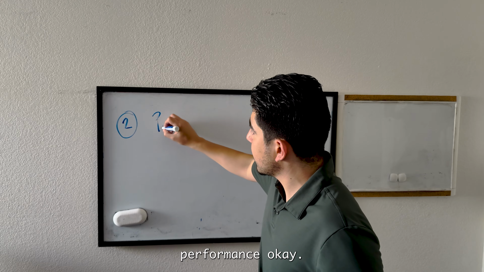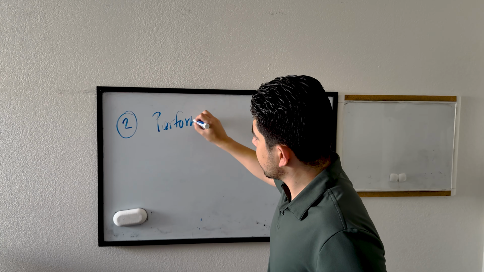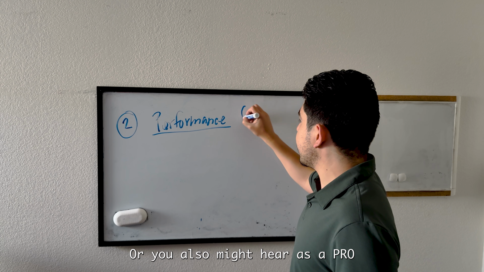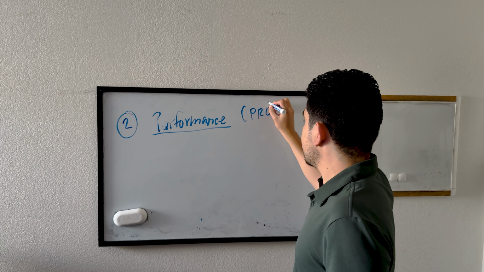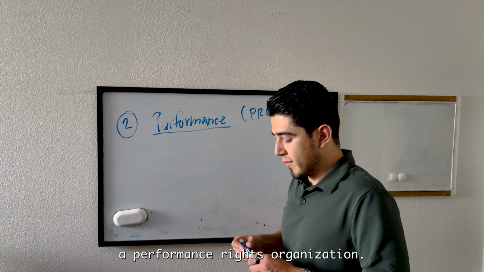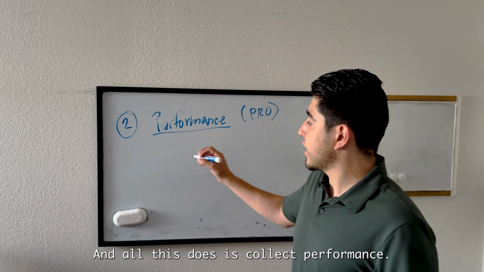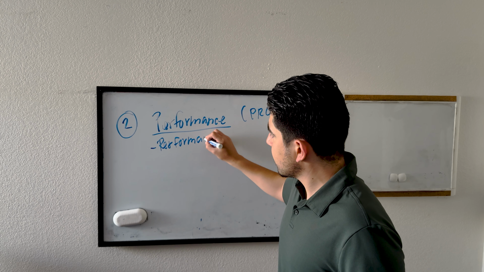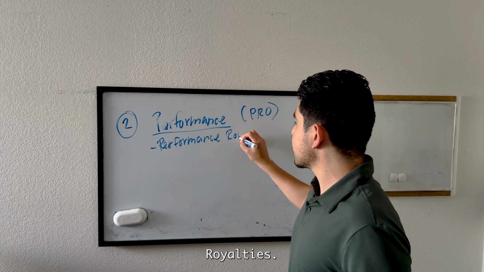It's going to be number 2 of the list. Performance, okay? Or you also might hear it as a PRO, a performance rights organization. And all this does is collect performance royalties, okay?